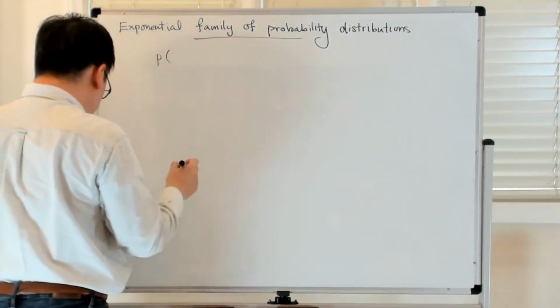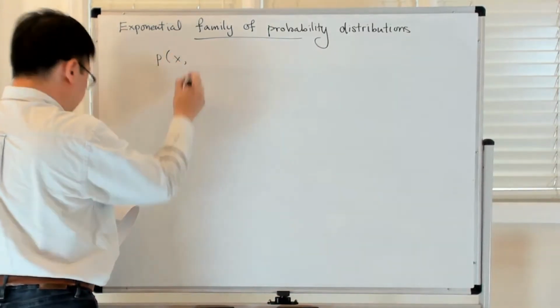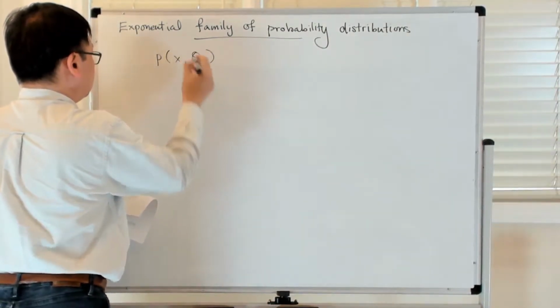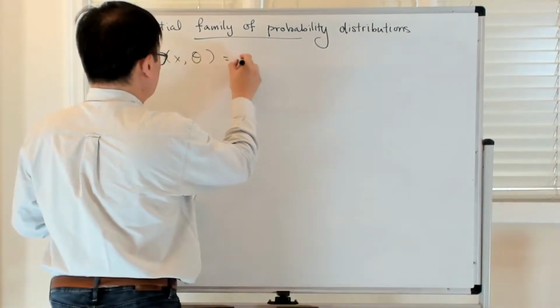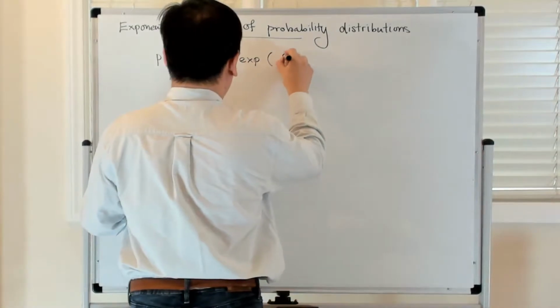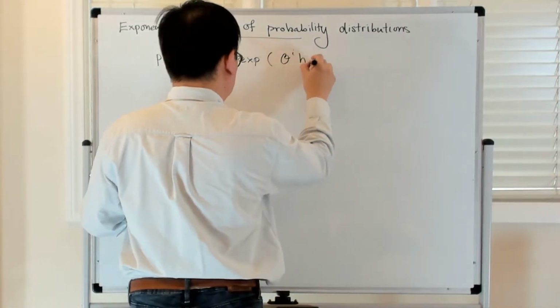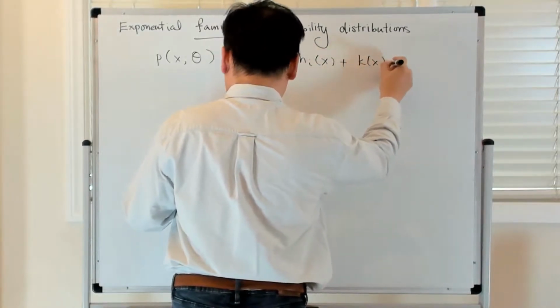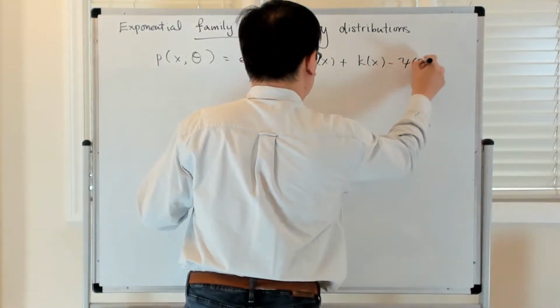It's a probability distribution at a point x with parameters theta of the form the exponential of theta^i h_i(x) plus k(x) minus psi(theta).